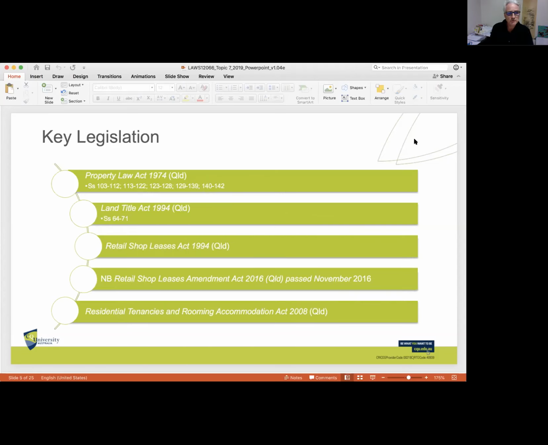Right. So before we get to the key legislation, I'll stop that for a moment. I just want to say that in this area on leases, what we are essentially looking at mostly is the general law of leases, and that means the property law and the land law that is governing today what is essentially a commercial lease situation, because other types of leasehold interests are actually governed by specific legislation.